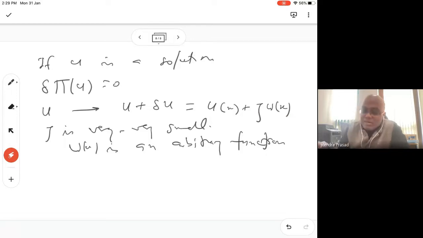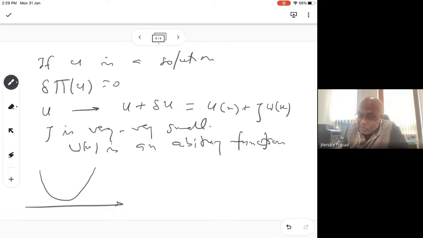For any analysis, it is something like this. Let us say this is U and this is your pi. If U dash is the solution, then what will you do?